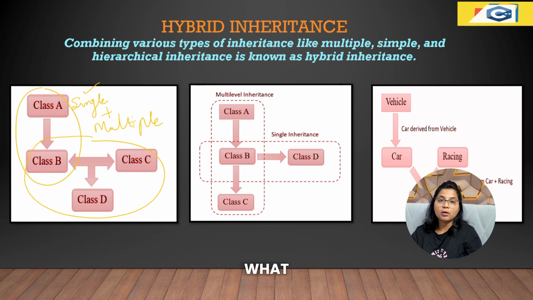Now comes the class D. As you can see in this image, class D is a derived class which is getting derived from two base classes, class B and class C. So how to write? Class D colon public class B comma public, name of this second class.